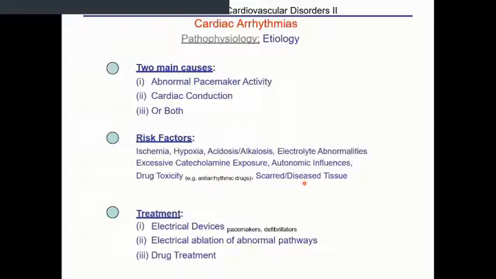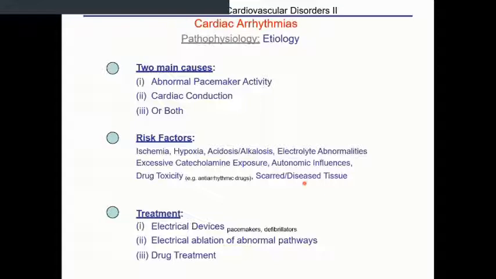You can also have autonomic influences. Even drugs can be toxic. For example, antiarrhythmic drugs can actually be toxic, and as has been mentioned earlier, even the presence of scar tissue in the heart can be a focus of ectopic or irregular rhythms of the heart.